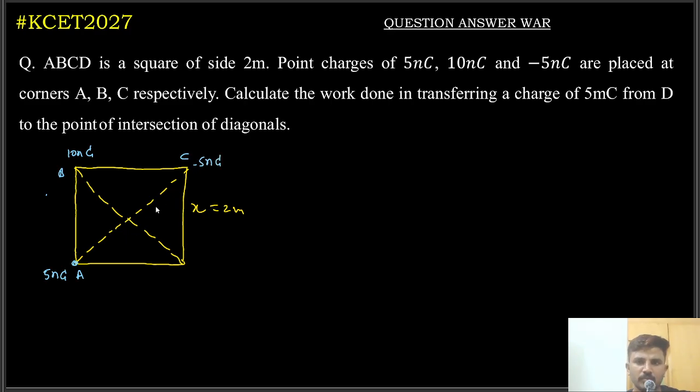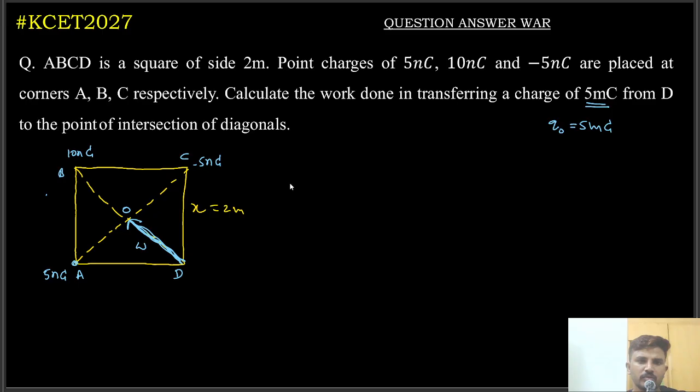Okay, we are moving, so what is the work done in transferring a charge of 5 millicoulomb? Q naught is the charge which we are moving, from D, the fourth vertex of the square, to the point of intersection of diagonals. So from point D to point O, we are sending the charge.